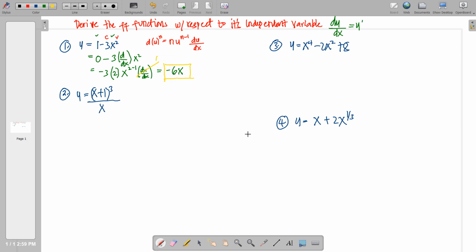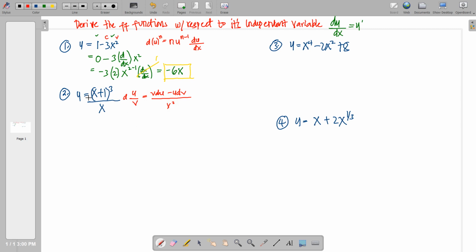Okay. So moving on to the second problem. So the second problem obviously is this one. U all over v. So the differential of u over v is actually v du minus u dv all over v squared.